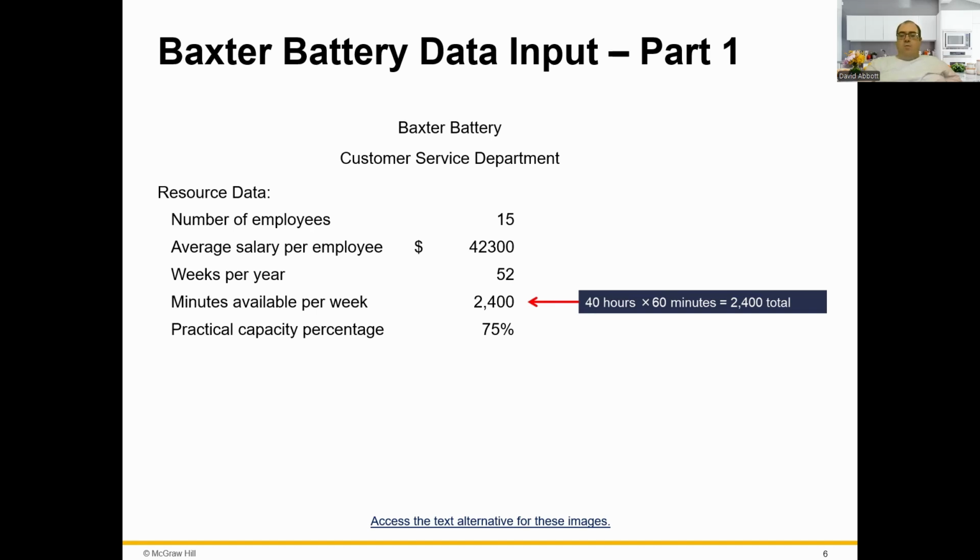They work every week of the year. They don't take off a week. Some businesses will do that where they'll close like a week at Christmas, a week at Thanksgiving, whatever. And this company doesn't do that. And then the number of minutes that are available per week is they work 40 hours a week. So 40 hours times 60 minutes, you get 2,400 minutes total. And the practical capacity of what they're doing and how they're serving is 75%.